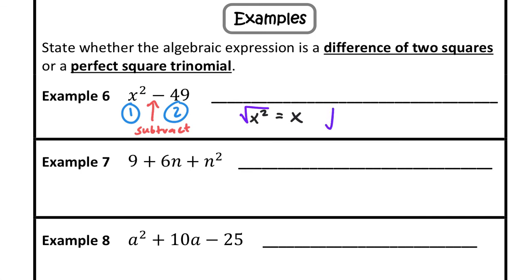Can I take the square root of 49? Yeah, it should give me 7. So here we have a difference of 2 squares.